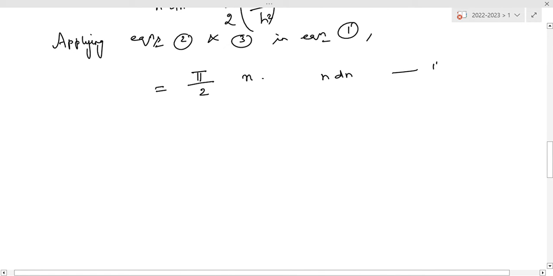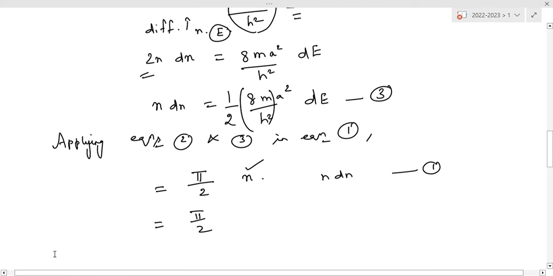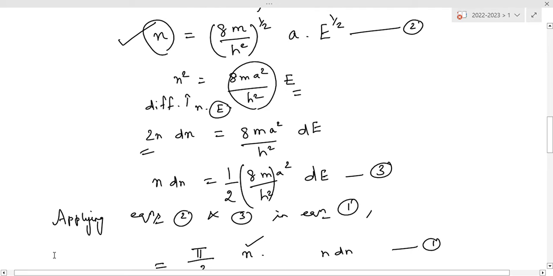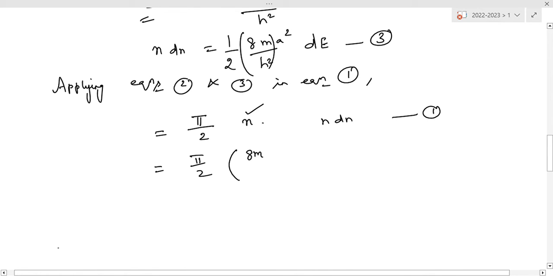This is the expression number 1. Expression number 2 should be substituted for this. n is (8m by h square) the whole power half, a into E power half. This is for n, equation number 2. And then n dn, this n dn is equation 3.